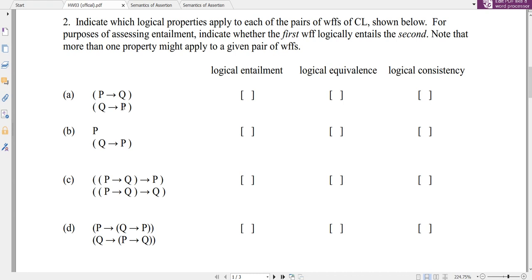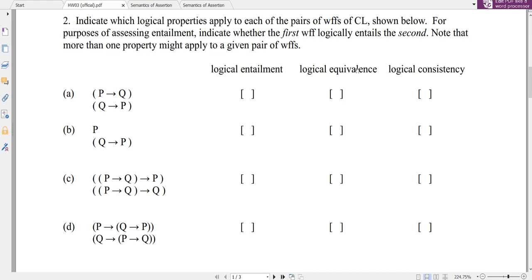You do that by making the P false and the Q true. Now determine whether or not that particular model will make this true. If it does, then you know that entailment does not hold. And if entailment doesn't hold, then neither will logical equivalence.